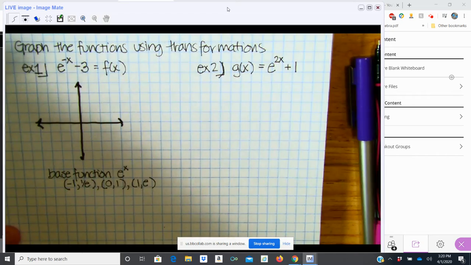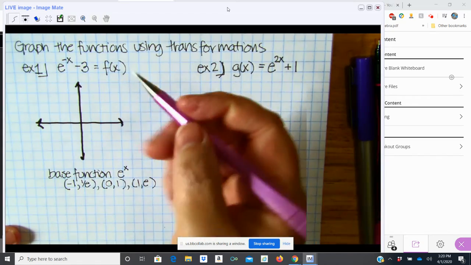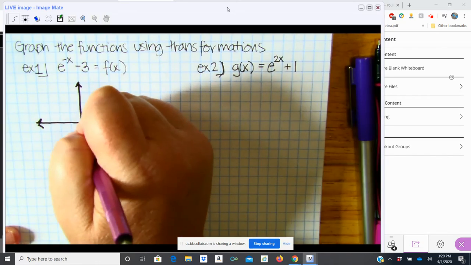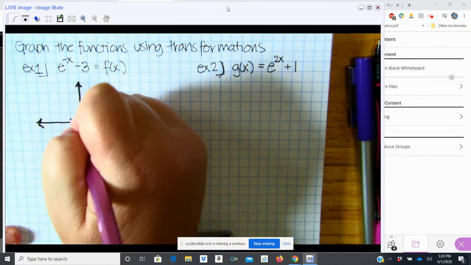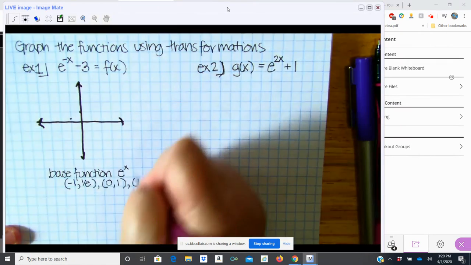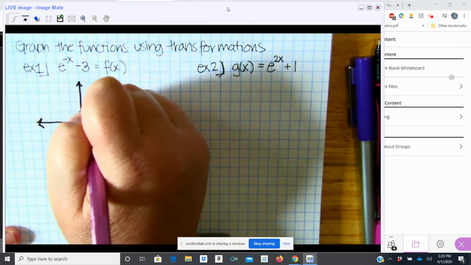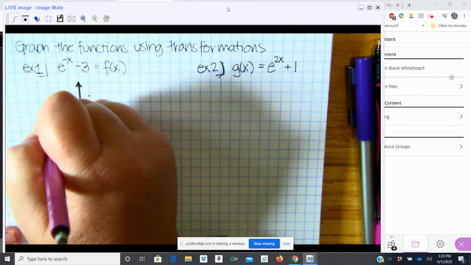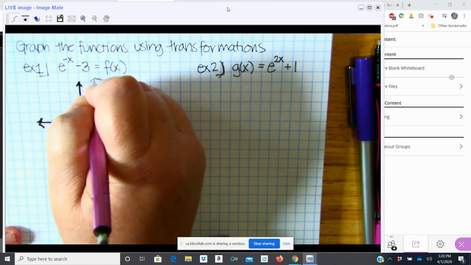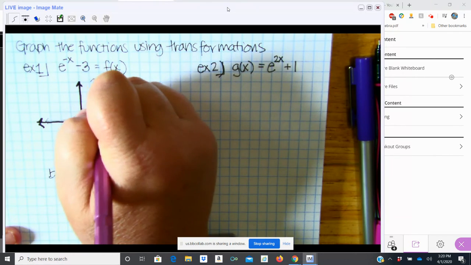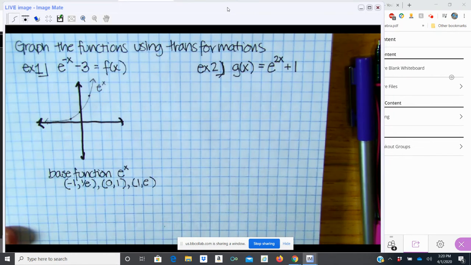I like to take a pencil and graph these 3 points to start. So -1 and about a 1/3, 0, 1, and 1, 2.78. This is going to be my original function, or base function, of e to the x.